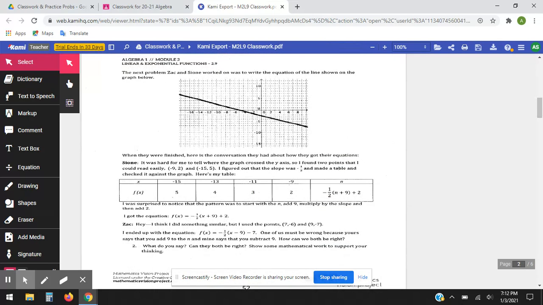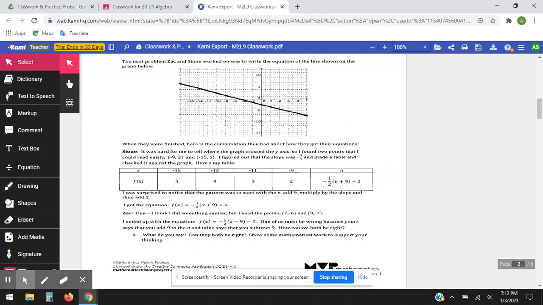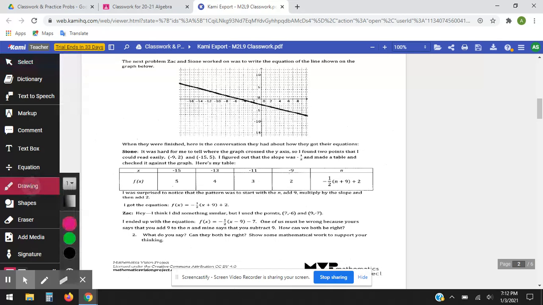All right, next problem. The next problem Zach and Sion worked on was to write the equation of the lines shown in the graph below. So when they were finished, here's the conversation they had about how they got their equations. Sion was saying, it's hard for me to tell where the graph crossed the y-axis, so I found 2 points that I could read easily.